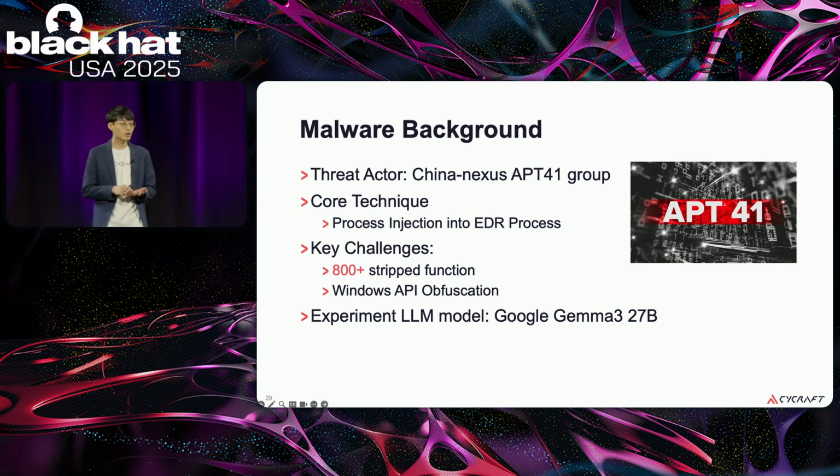First, this malware has more than 800 functions, and the functions are stripped. Second, this malware has many Windows API obfuscations, and these APIs are only resolved at runtime. With these challenges, doing this reversing manually would be very time-consuming and very hard.